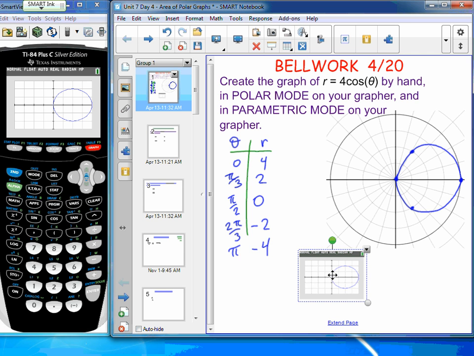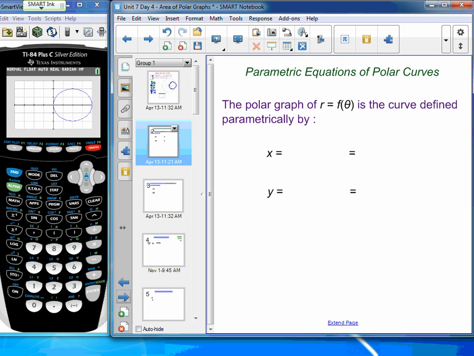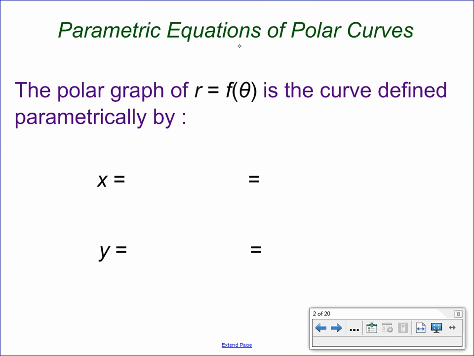Then the challenge question was, let's reproduce this in parametric mode, and that's where we left off last class. So we'll pick up where we were. We wanted to generate this in parametric mode. The polar graph of r equals f of theta, in this case r equals 4 cosine theta, is the curve defined parametrically by, and we can just use our relation between the x and y coordinates in Cartesian mode and our polar graphs.